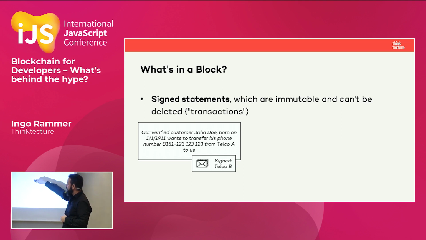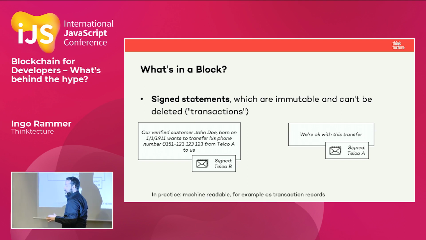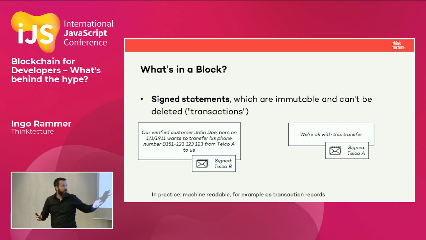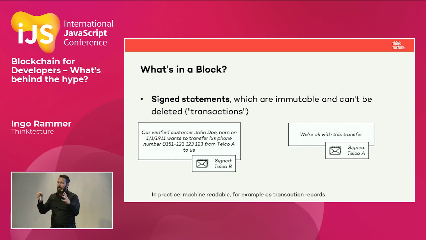And they'll process, and at some point later, they'll send a response transaction. They express a statement. They just say, okay, we have checked this, we have talked to our clients, everybody's okay, let's do this. In practice, these are of course not verbal statements, but transaction records, be they JSON encoded or binary encoded, but this is just machine-readable information. Okay, so that's the lowest level on which we start.